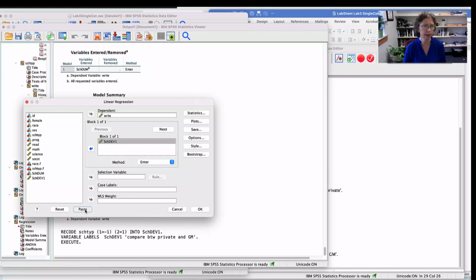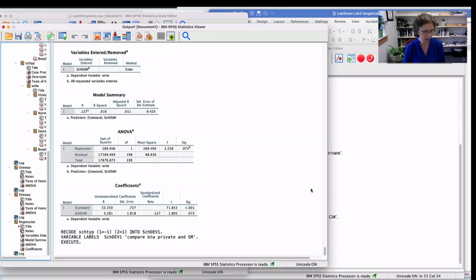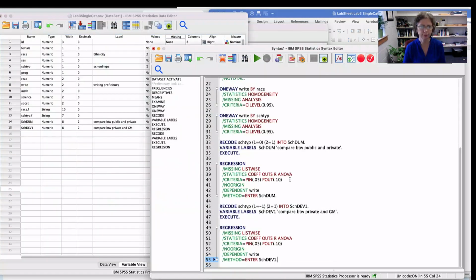I'm going to paste here and go check out the syntax. So all that changed was, instead of schooldem, I have schooldev. Running that.